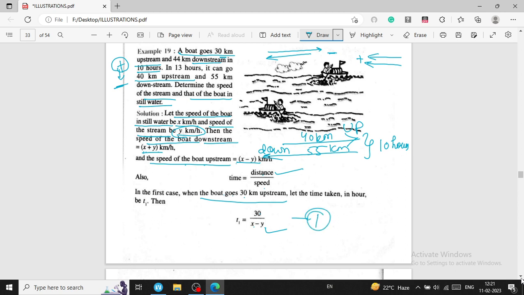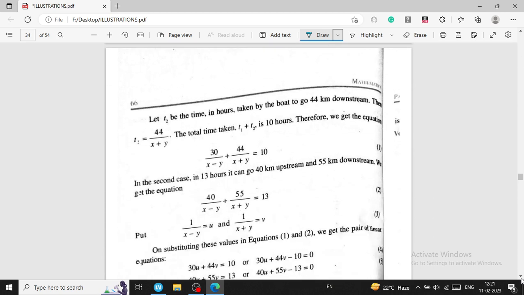This is your first case. In the second case, when the boat goes downstream, let T2 be the time taken for the downstream trip. Then T2 is equal to 44 over x plus y. Now we are given the total time, that is 10 hours. That means T1 plus T2 is equal to 10 hours.